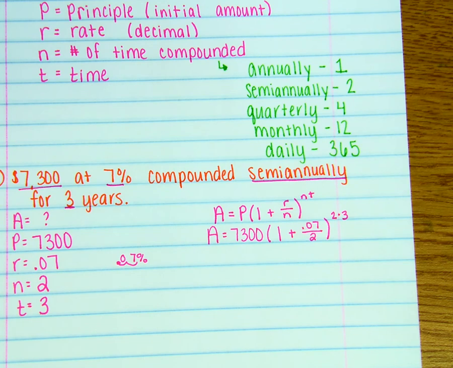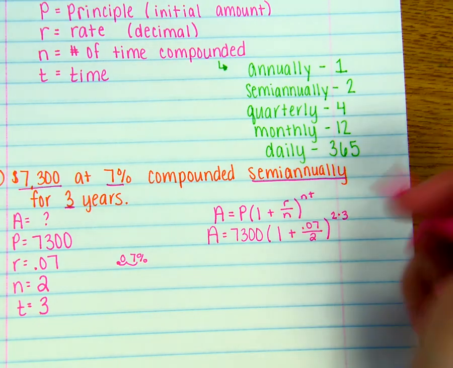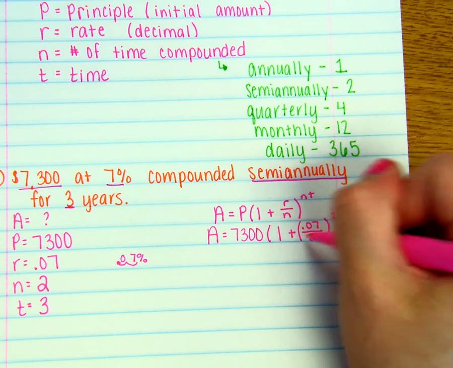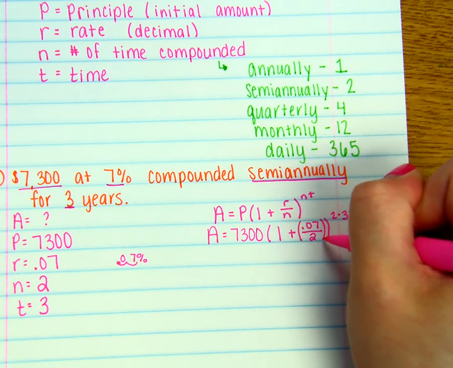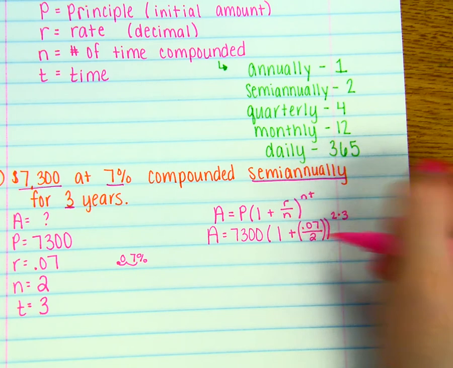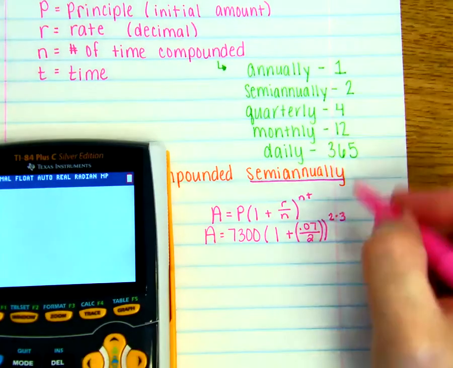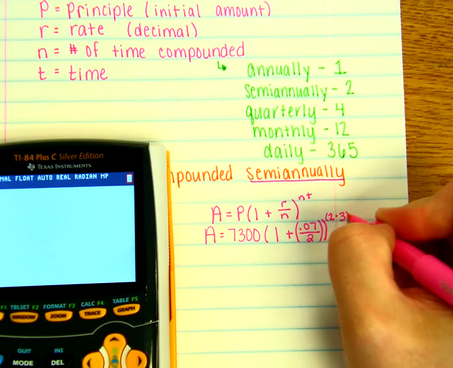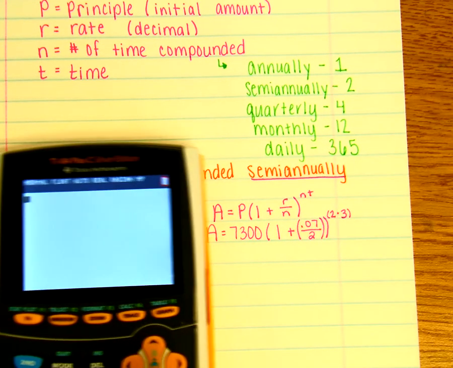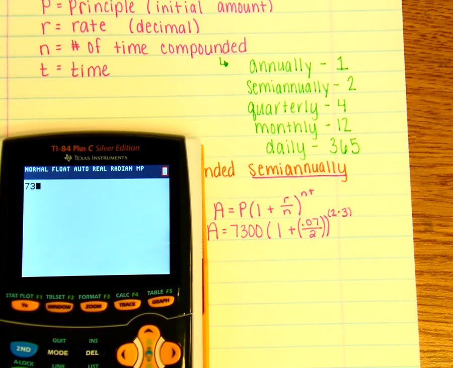Now we could just plug all this into the calculator, but if I'm plugging all this into the calculator, I want to make sure that I have this fraction in its own little parentheses. Otherwise, the calculator is going to give us the wrong answer. If you're using one of our new calculators, you don't have to put this in a parenthesis, but you can if you want to as well. So we're going to type this in exactly as we see it.